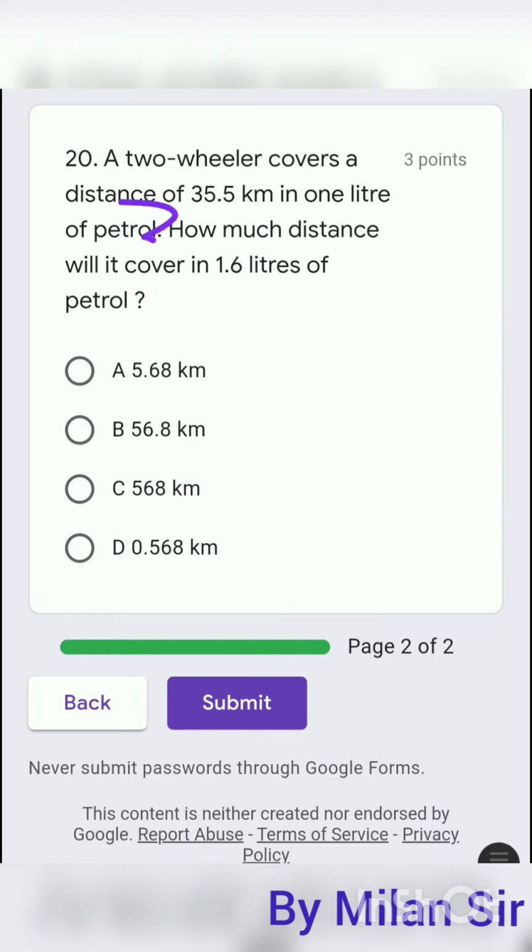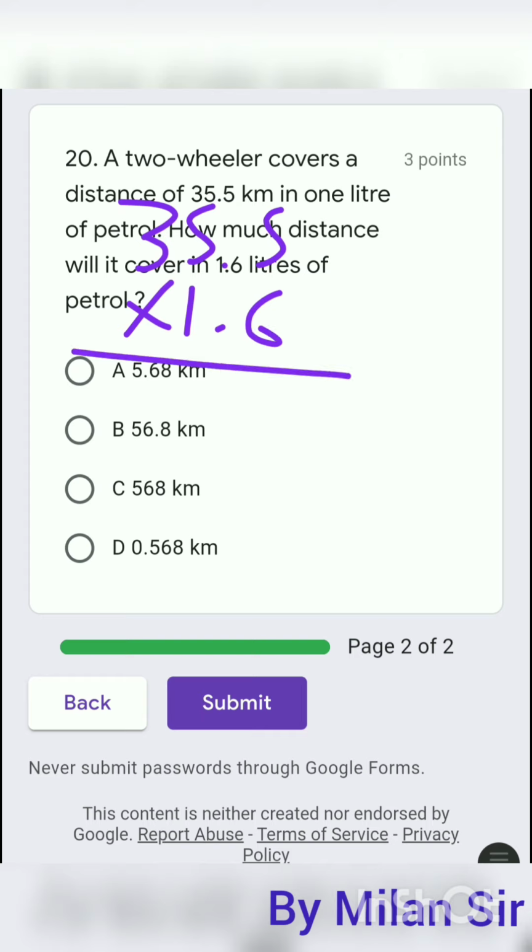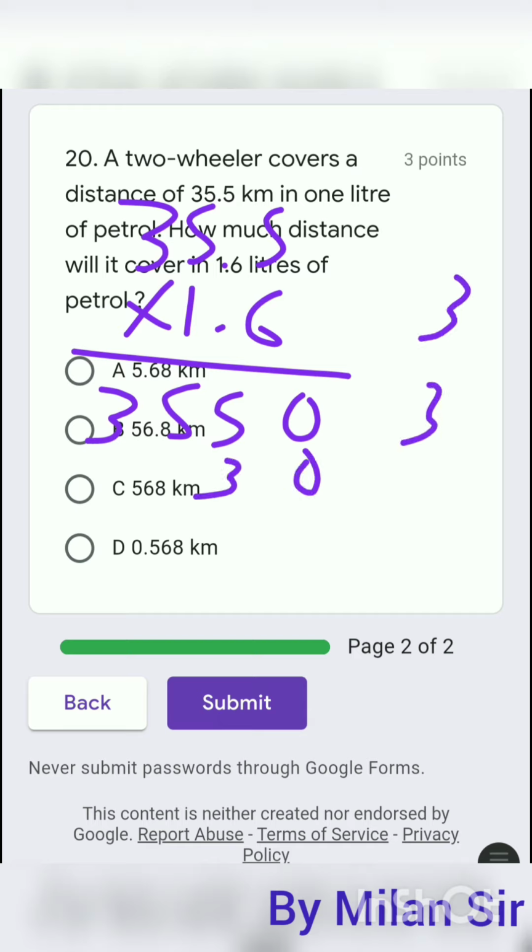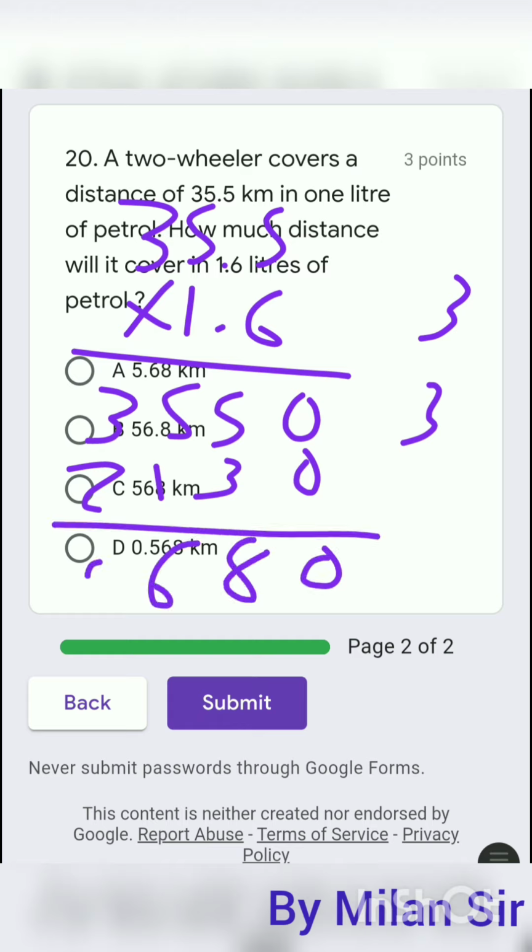First of all, ignore the decimal point and directly do the multiplication. So 5 ones are 5, 5 ones are 5, 3 ones are 3, 6 5s are 30, 6 5s are 30 plus 3, 33, 6 3s are 18 plus 3, 21. So 0 8 6 5. This is the answer.